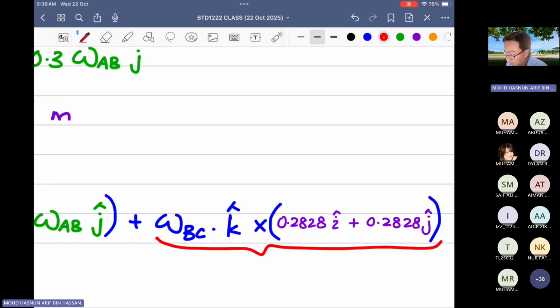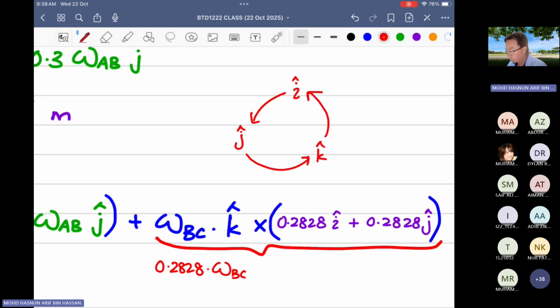So what we have here is 0.2828 times omega BC, and then we have k cross i. So you write down again, i to j in anti-clockwise direction, j to k in anti-clockwise, and also k to i. So k cross product i will give you positive j. So here it is multiplied with j. That is the first part.